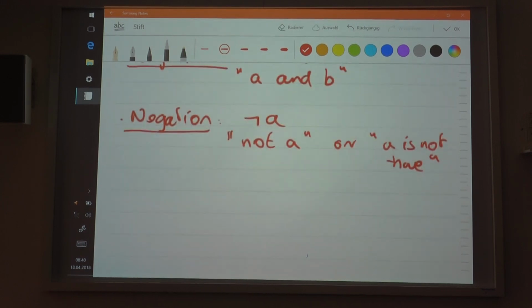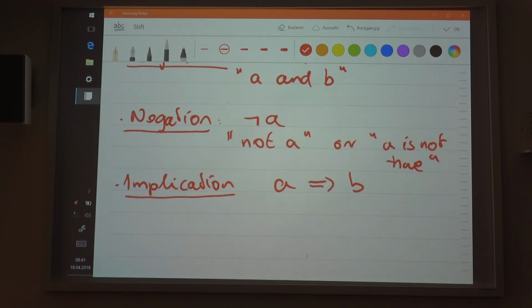And the last one that I will consider here is the so-called implication, the logical implication. The notation for that is this. Let's assume that A and B are statements, and you want to say that A implies B, so this is an implication, then you write it like this.